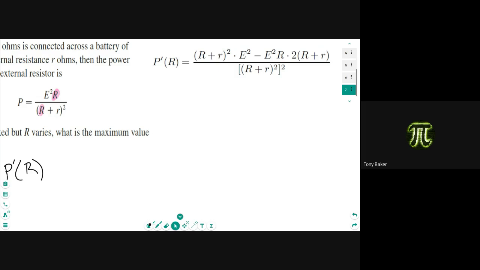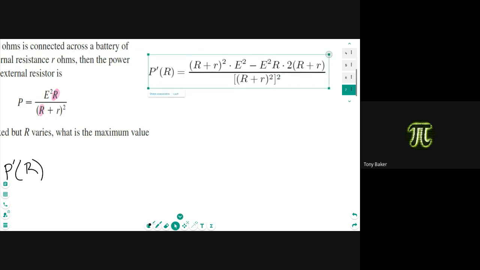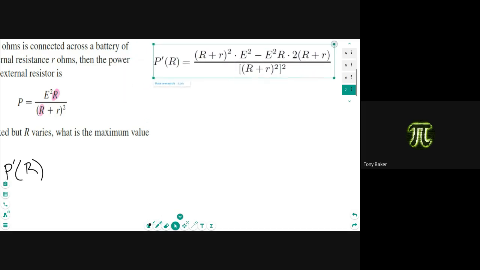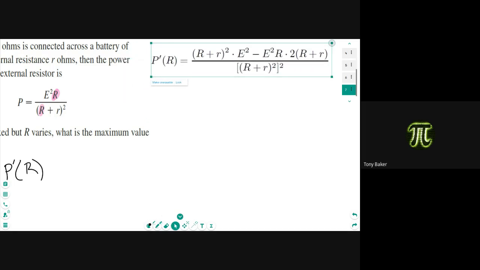So you're gonna have to FOIL this out. So FOIL, not the thing, FOIL. No. What? The big R and the little r are two different values. Oh, you could cancel out one of them.